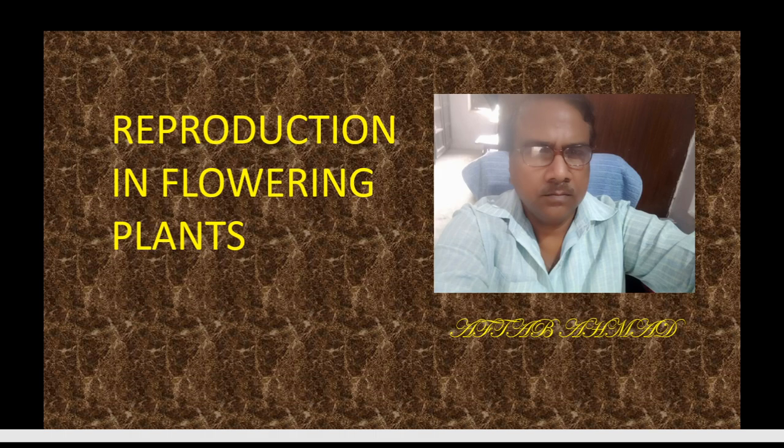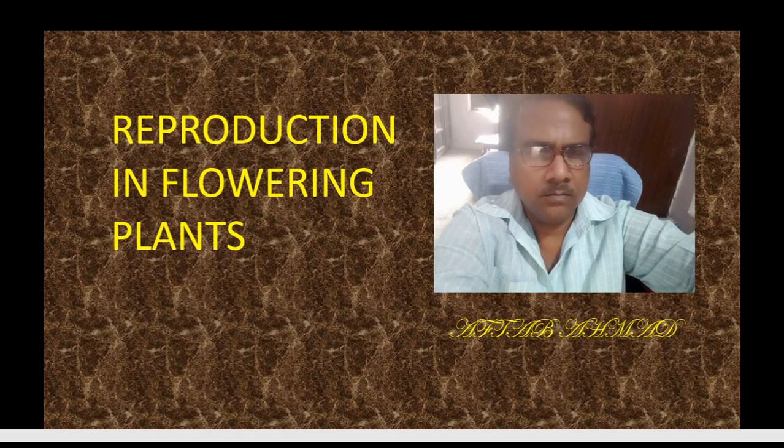Floral leaves are arranged on the swollen upper part of the flower stalk. The flower stalk is called pedicel, and the swollen upper part of the pedicel is called thalamus. In the thalamus are present nodes and highly reduced internodes. These floral leaves are borne on the nodes in the whorl.